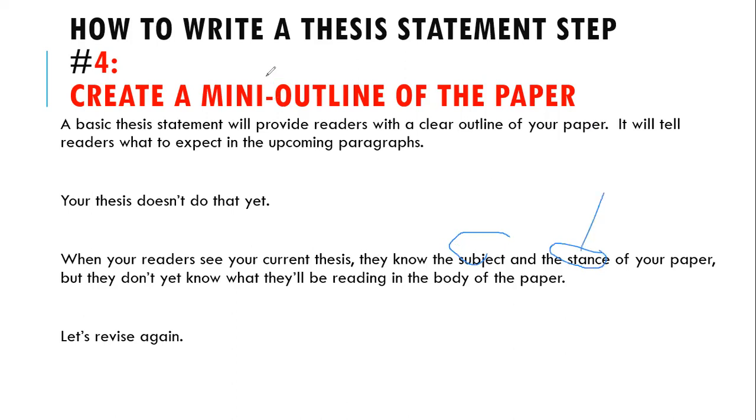We could also call that the focus or argument or the why, whatever word you like better. But we don't know what's going to come in the body of the paper yet. We're still missing what will come in the body of the paper. So let's rewrite it again.